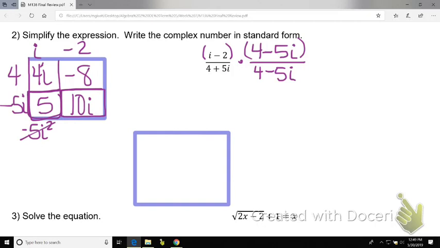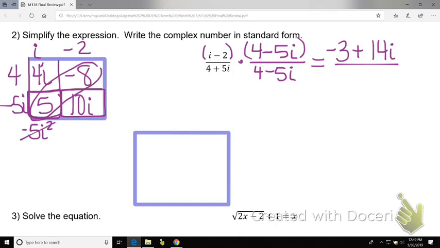Okay? So when you go to combine like terms for your numerator, you've got negative 8 plus 5 is negative 3 plus 14i, right? Okay, so there's our numerator.